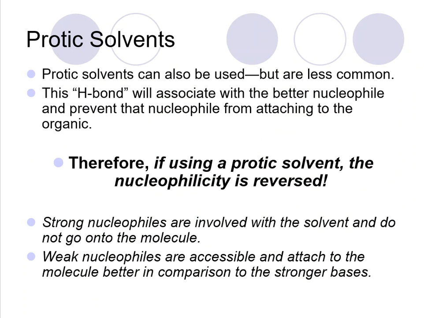In organic, aprotic solvents are the most common. The reason is because they're more organic, and we're dealing with organic compounds. Protic solvents can be used, though, but they are much less common. And the reason that they're less common, folks, is because these are more polar most of the time.